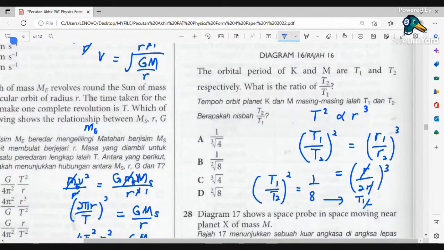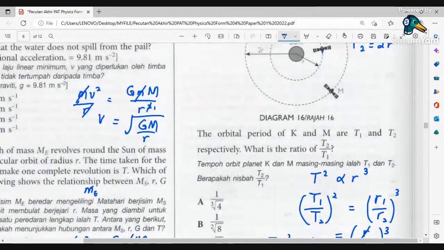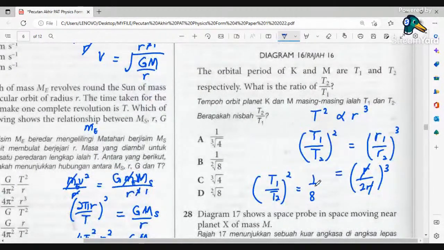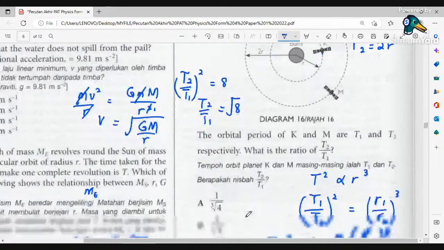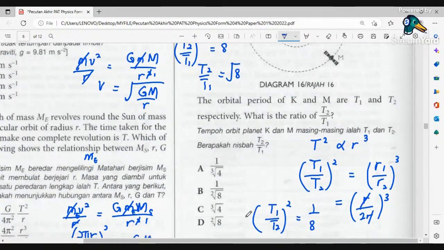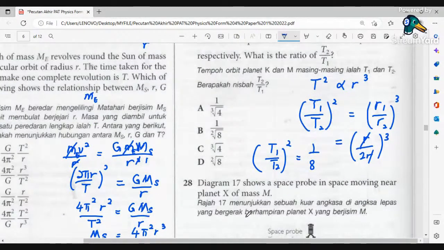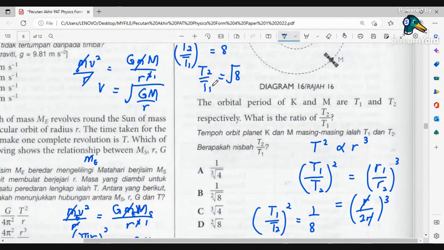They want T2 over T1, sorry. I thought they wanted T1 over T2. Let's just flip it. So I get T2 over T1 is the square root of 8.